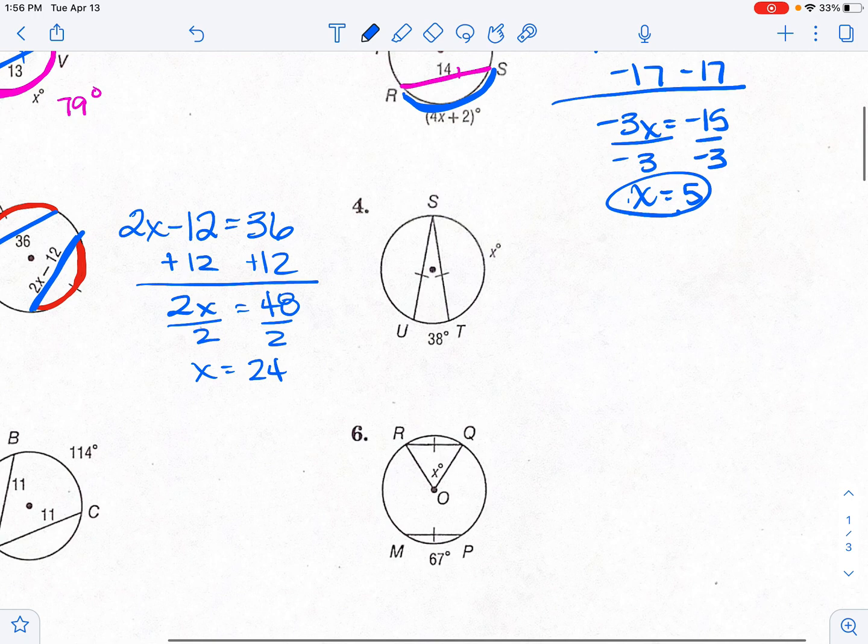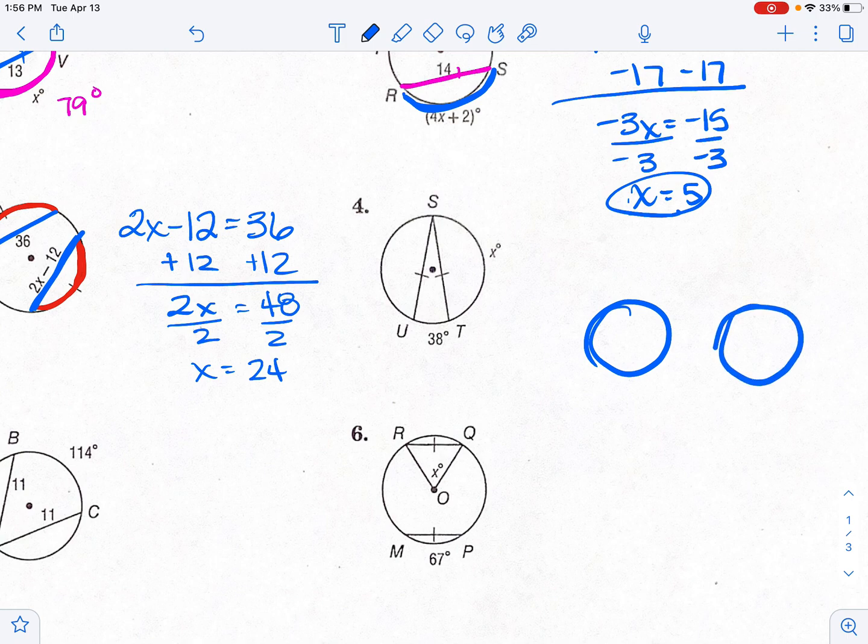On number 4, in the 10.2 instruction, there were two circles that we had drawn. One of them had the vertex in the center, the other one had the vertex on the side.